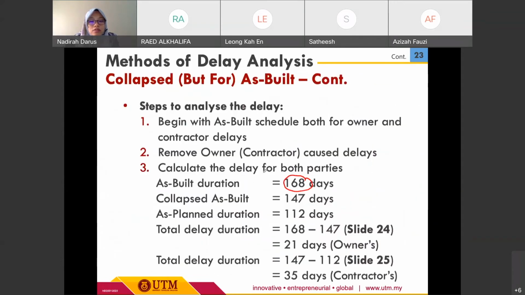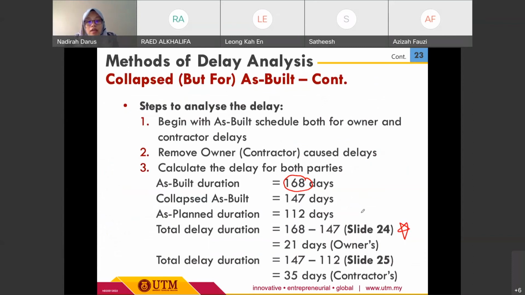So we need to do the deduction here. This is basically the total delay duration of 21 days for the owners.